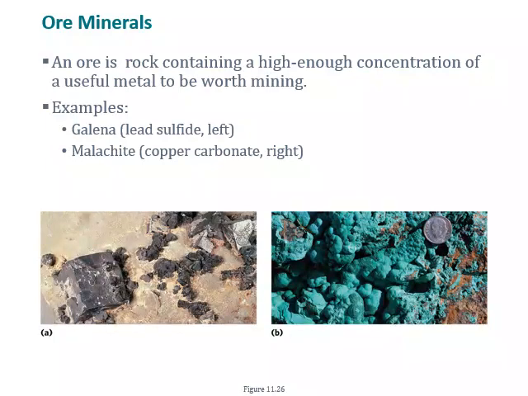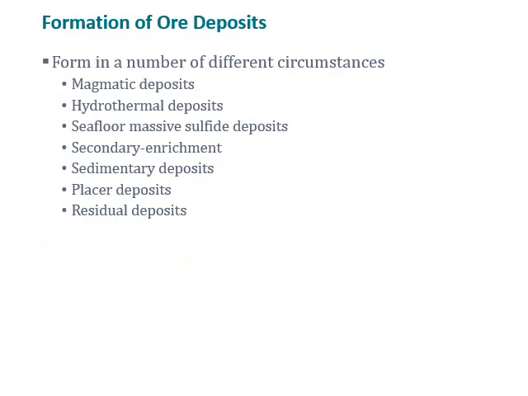Other ores exist for iron, molybdenum, platinum, and other important elements for different industries. Ore deposits form in a number of different circumstances. These include magmatic deposits, hydrothermal deposits, seafloor massive sulfide deposits, secondary enrichment, sedimentary deposits, placer deposits, and residual deposits.